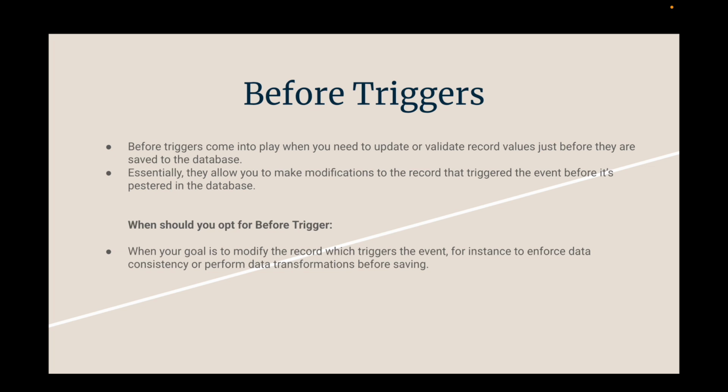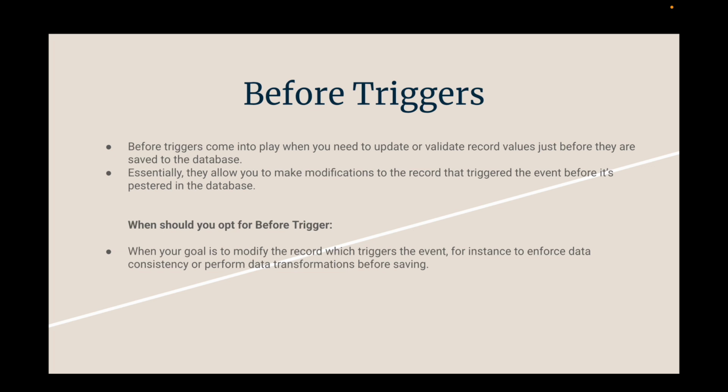Just the word before, if you think of it, what do you understand by it? That when a particular event is occurring, just right before that we want to trigger our Apex trigger. We want to take that action just right before that. So what is that particular event?